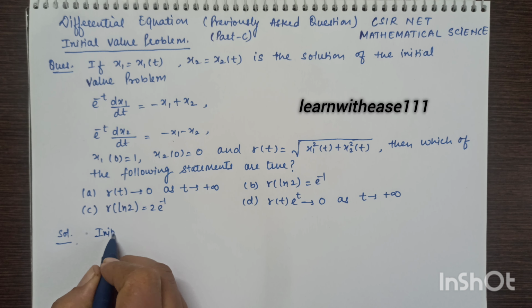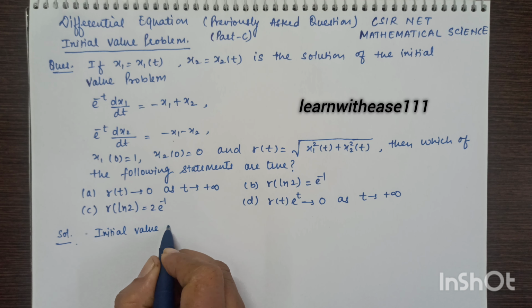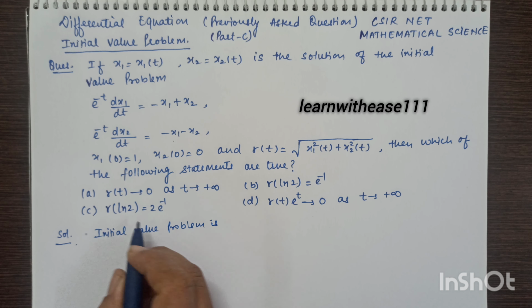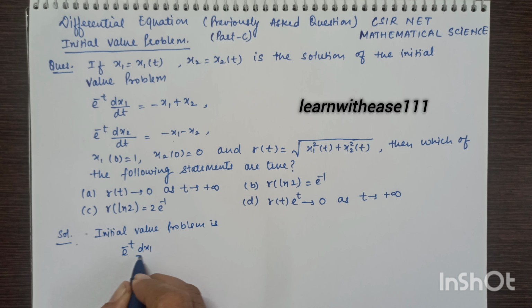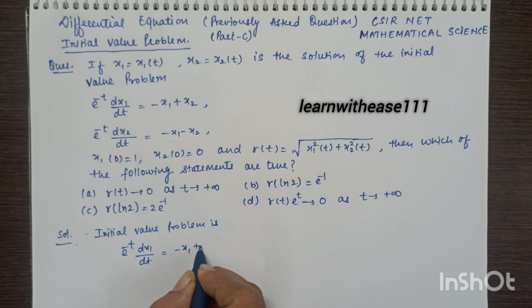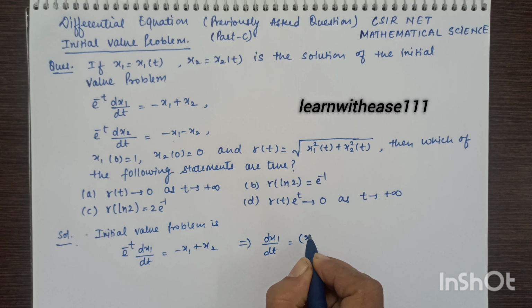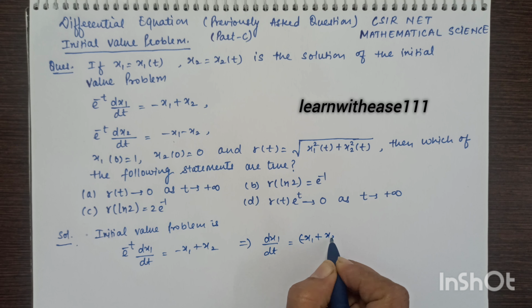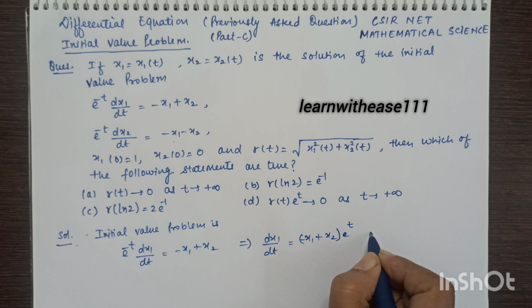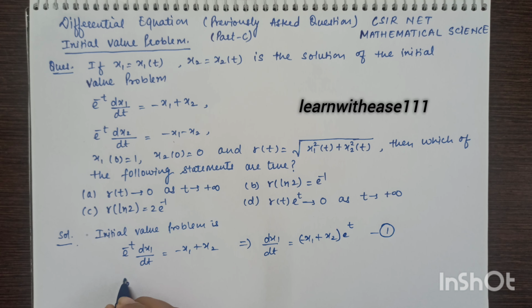Writing the initial value problem, the differential equations we are writing again to simplify in terms of dx1 by dt and dx2 by dt. So dx1 by dt is equal to e to the power t into minus x1 plus x2. This is equation number 1.